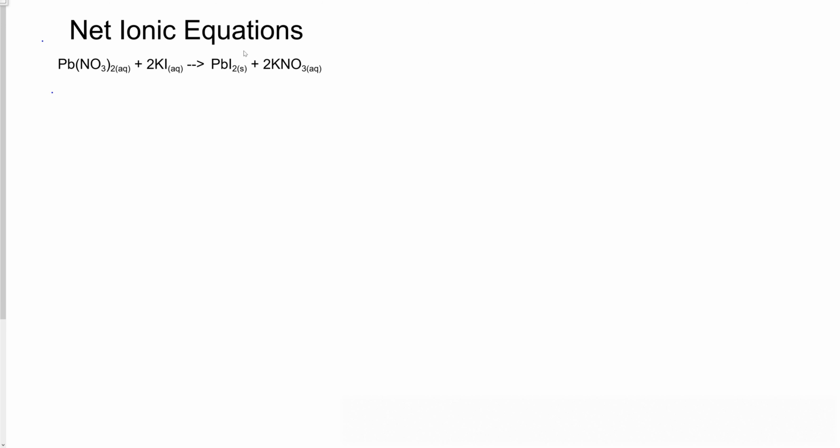So what a net ionic equation actually tells us is what's going on in the reaction. It's as simple as that. Since we're talking about an ionic equation, we care about ions. Now, yes, this is an ionic compound, so is that, so is that.